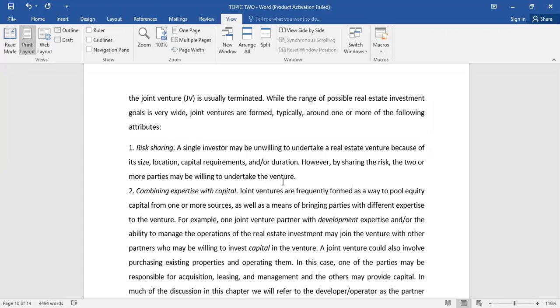I'll advise you, if you are venturing into real estate that might require a lot of capital, the best joint venture to go into is one between you and a financial institution. And this is what is happening.